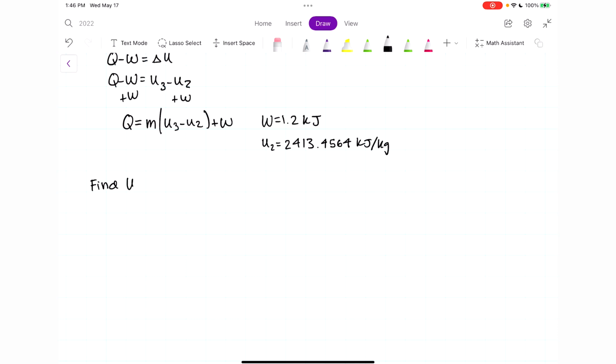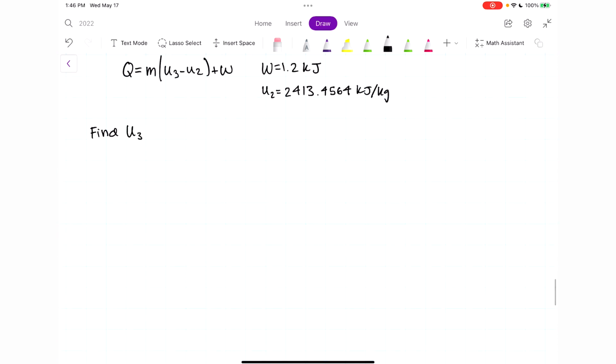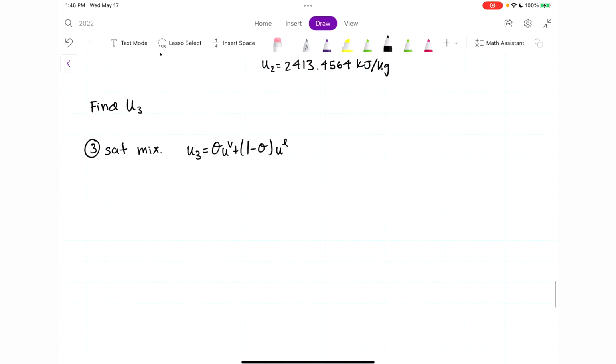So we need to find U3, and we know that at state 3, it's a saturated mixture. And since it's a saturated mixture, we know we're going to need quality because in order to find the specific internal energy, the formula is quality times UV plus 1 minus the quality times UL. Great.